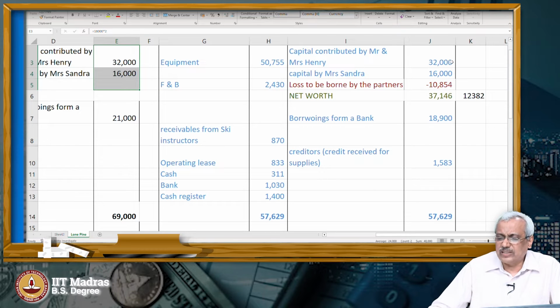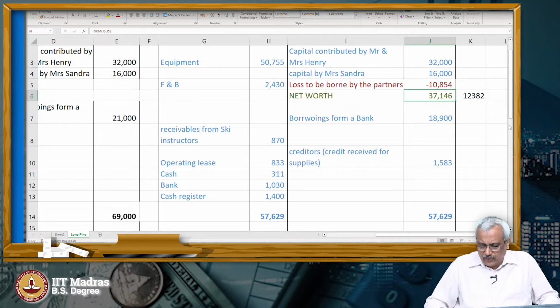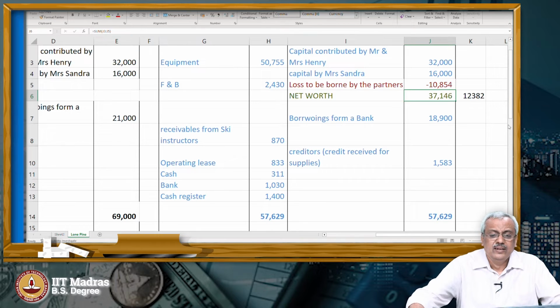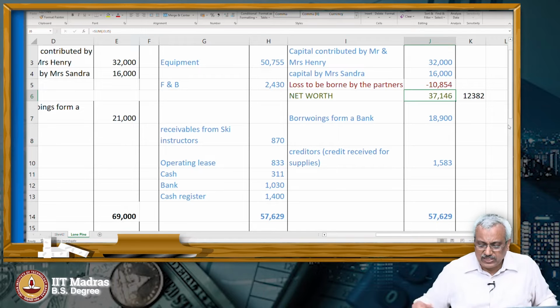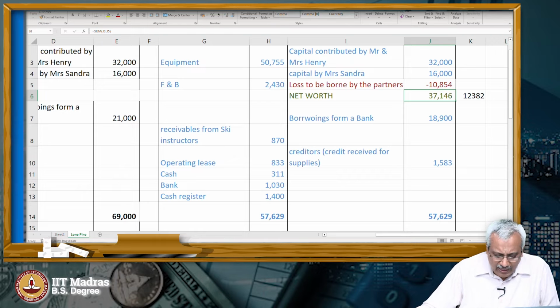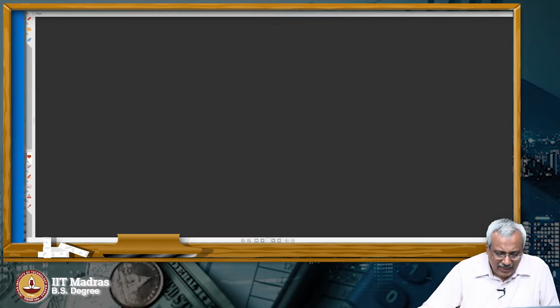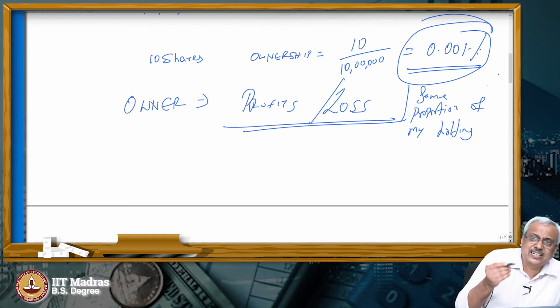It is not 10,854, it is more than 48,000, let us say it is 54,000. Then do the partners have to bring in more money into the business as an equity provider? No. Your loss is basically limited to the extent of your investment.